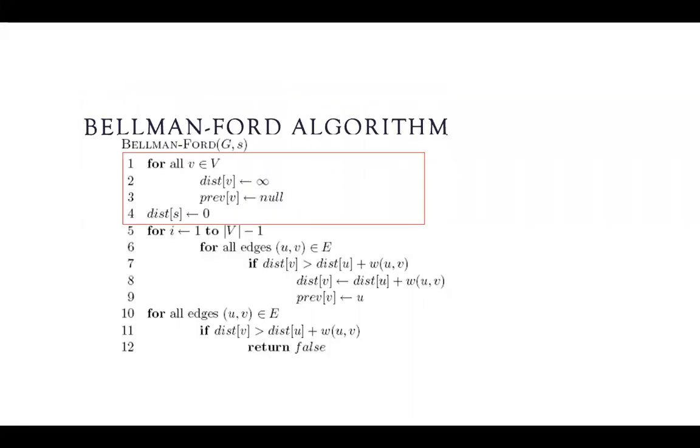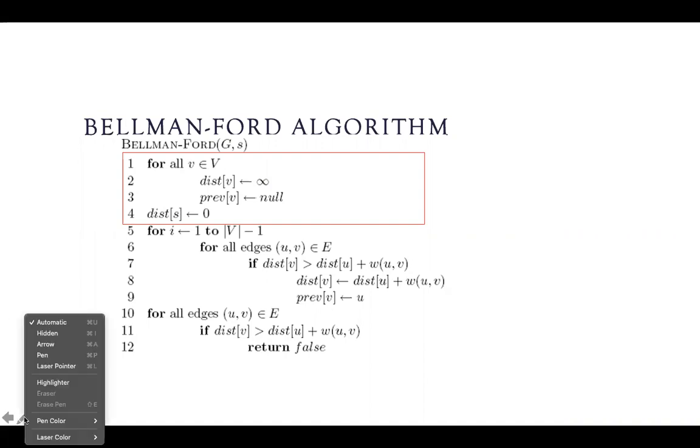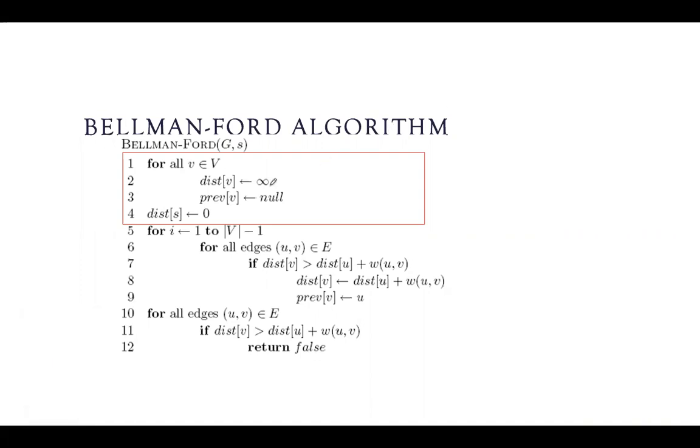The algorithm is as follows. First, you will initialize the distance of all the vertices to infinity. If there are 8 vertices, you will assign infinity to all the vertices, and then the distance of the source is equal to 0.